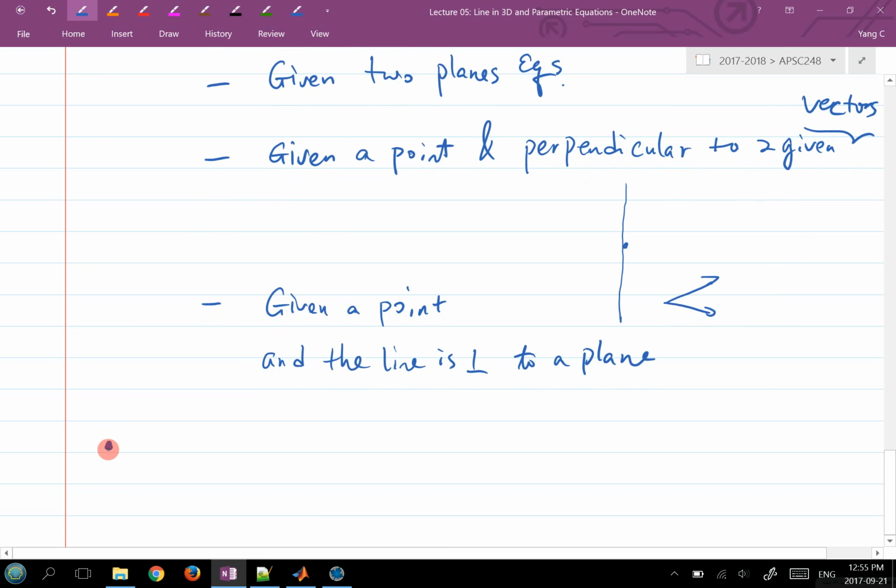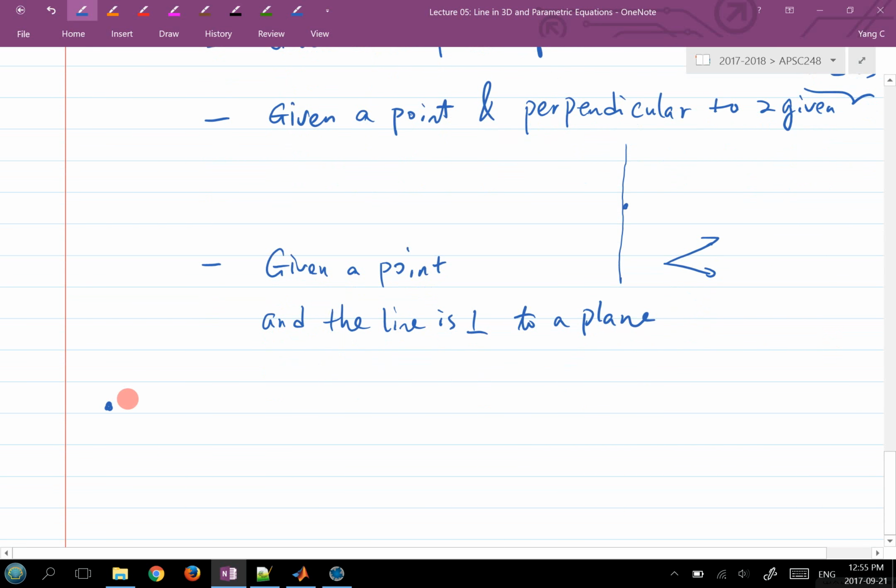I don't think any one of them is that difficult. Now, if you're given a line or some other conditions, like in a plane, maybe what you're looking for is the distance from a point to a line.